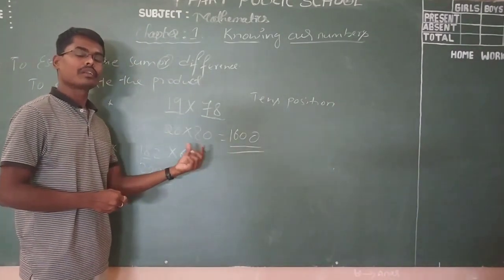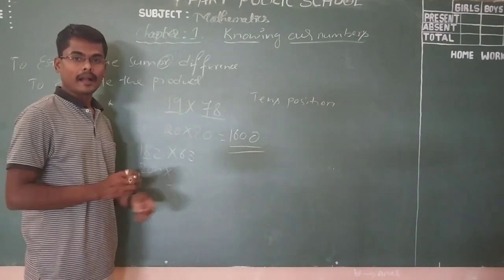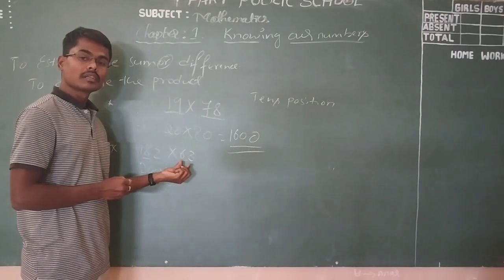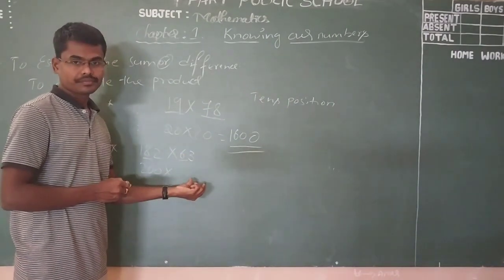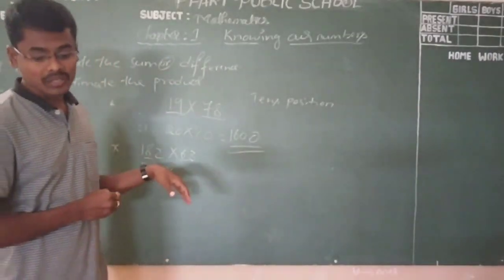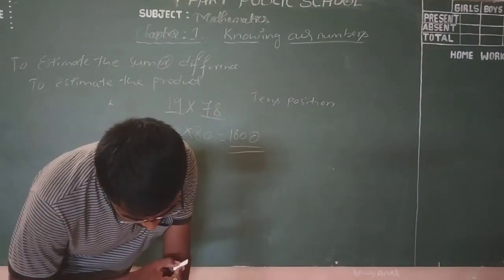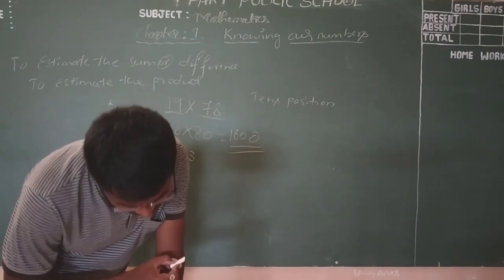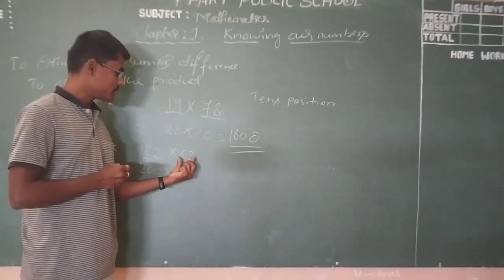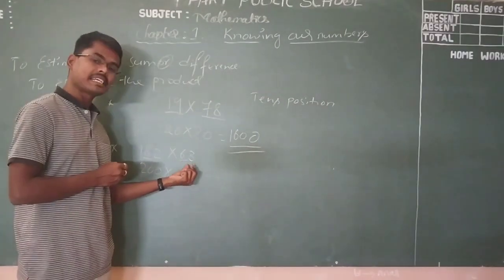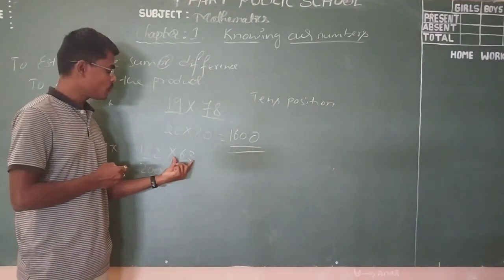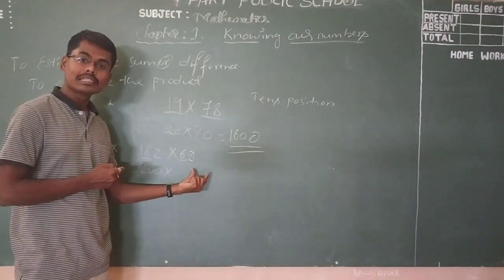Then look at this one, 63. Again you have to look at the 10th digit. What is this? 6, and this is also more than 5. Hence we are going to round off this number to what they have done. Moreover, this one is only a 2-digit number.